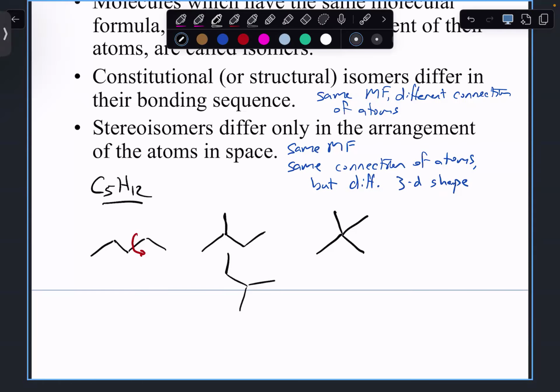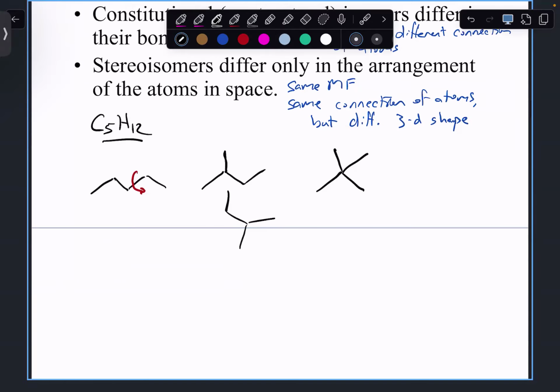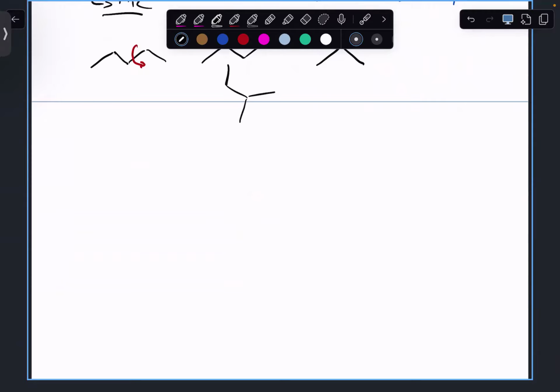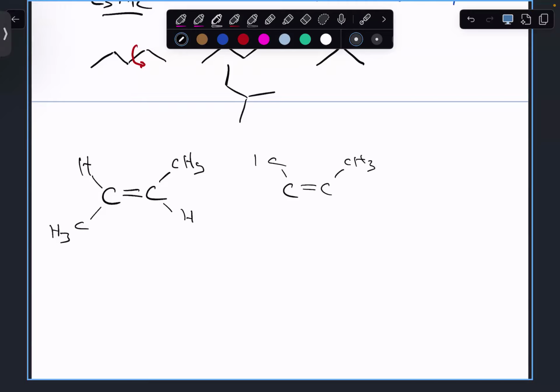Probably the most common example of stereoisomers would be something we alluded to at the beginning, which was those cis-trans isomers. So with double bonds, because they don't freely rotate, if I have this form of the double bond, that is different from that form.